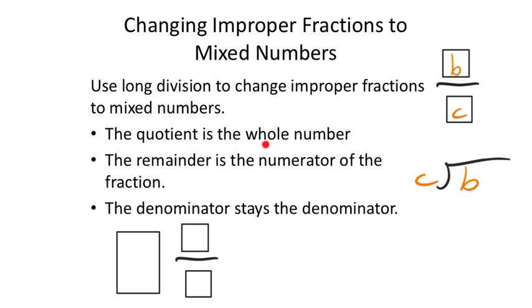And then what they're saying is your quotient, the number that's here in long division, is your whole number. The remainder is the numerator, and of course the denominator will not change between the formats. Okay, so it is a change of format, but it is not a change of value on these, which is important to remember.